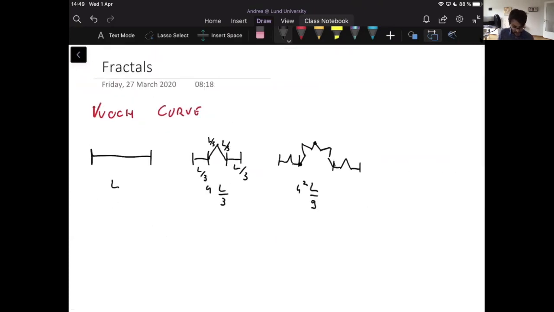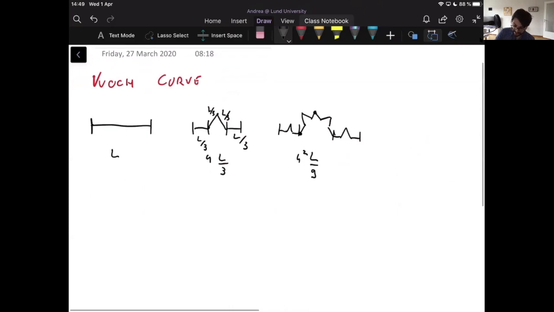So the length now here, basically, if you want to generalize it for n steps and drawing smaller and smaller, in principle even an infinite number of steps. This is also what happens if you draw it another way. And if you draw it over a triangle, you get the Koch snowflake that is very pretty.